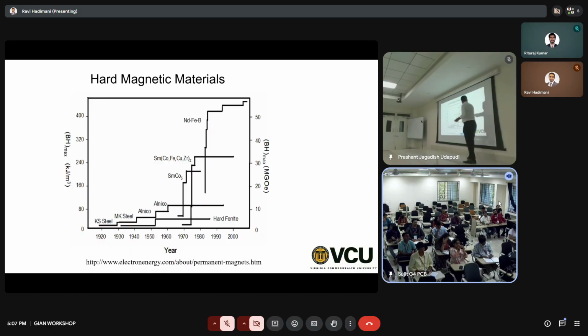The mega-Gauss-Oersted is nothing but N. Normally people sell magnets in N50, N45, N30, right? That is the mega-Gauss-Oersted. Mega is 10 to the power 6, Gauss is the B, and Oersted is the field.